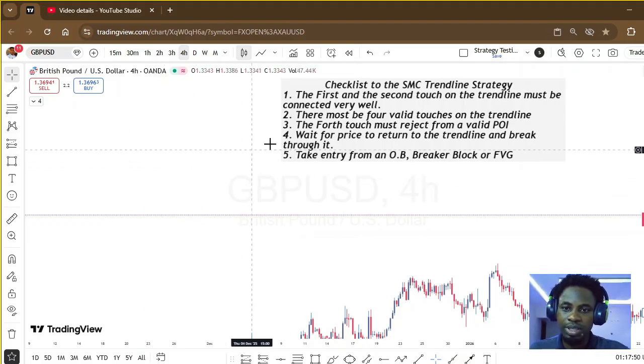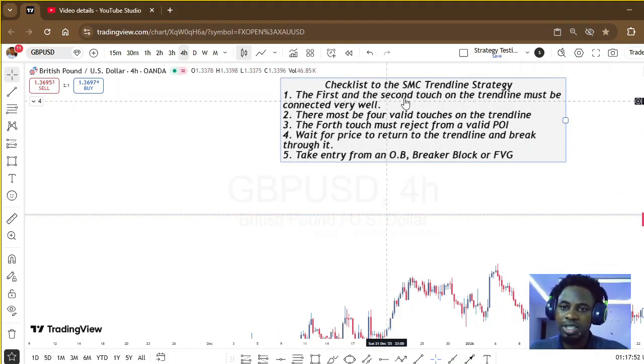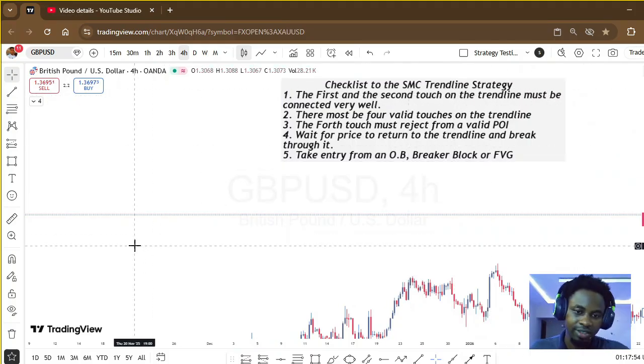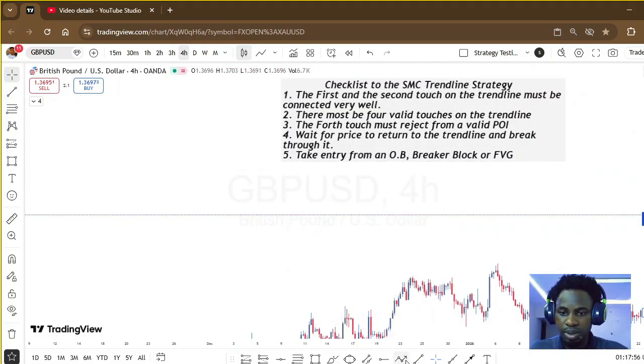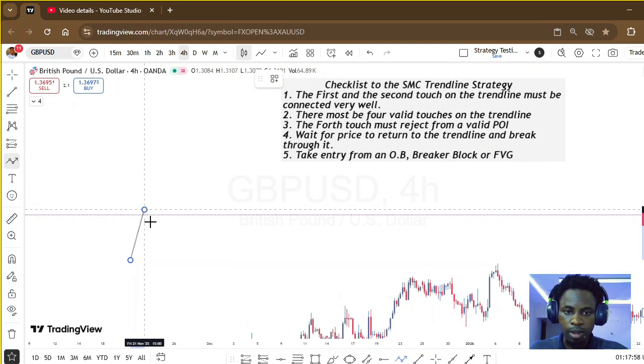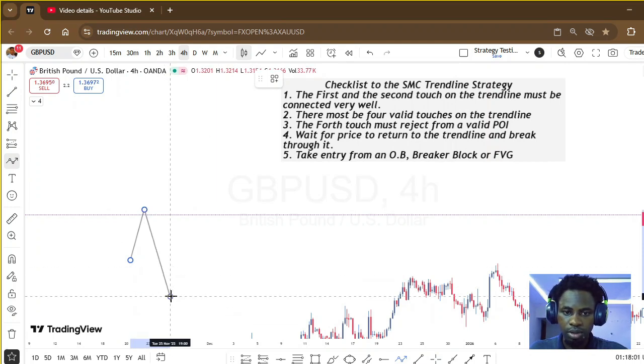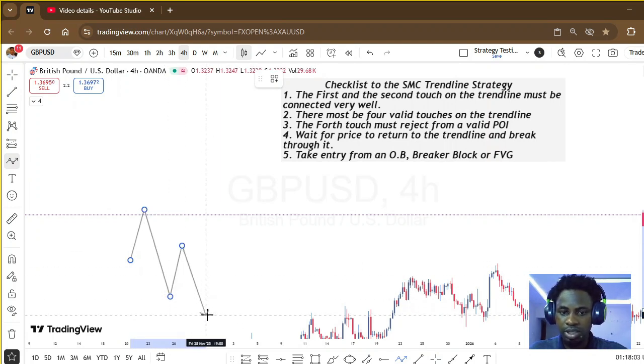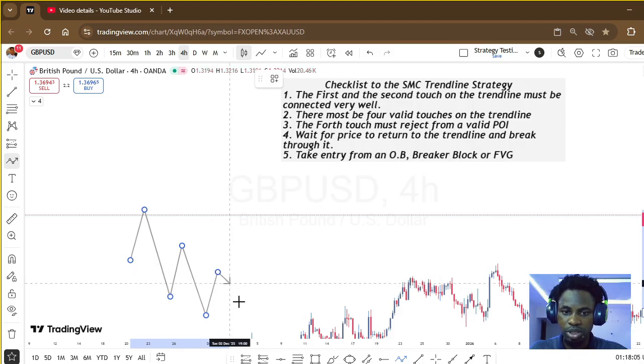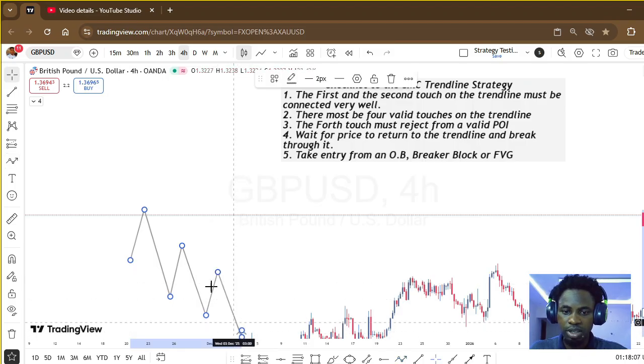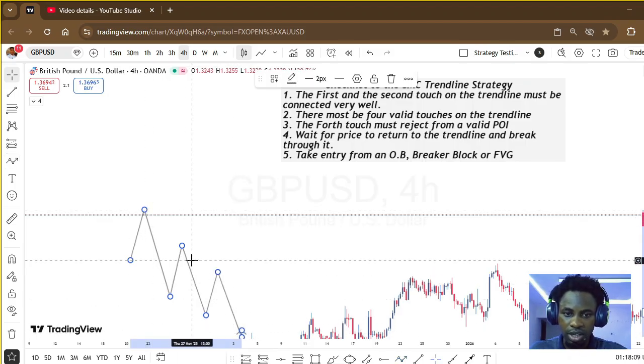So this is what I mean. The first and the second touch of the trend line must be connected very well. So let's say we have the trend line playing out like this. Price is in a downtrend, like a retracement going down. So this is the first touch here, and this is the second one here.